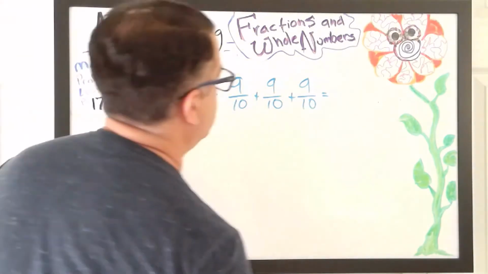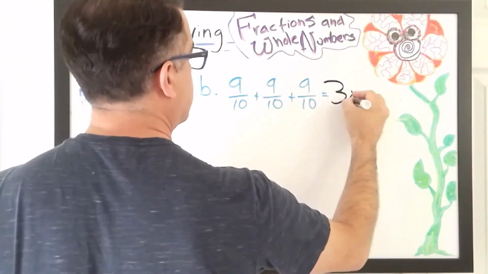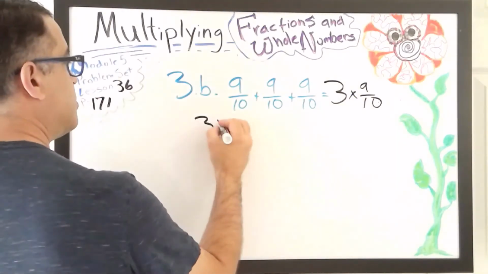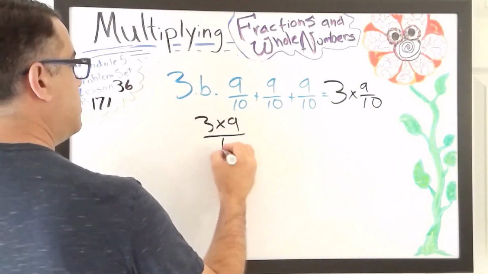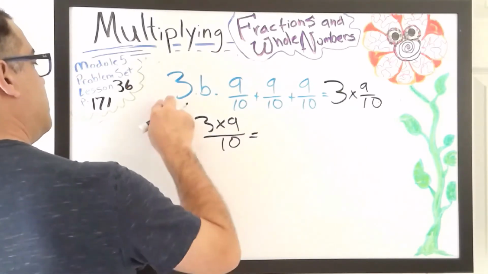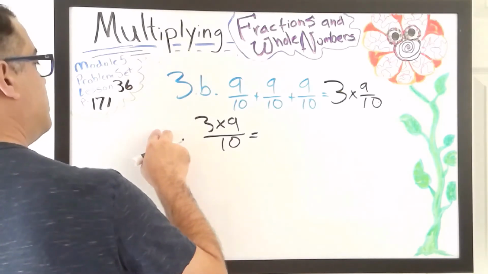So to represent that as a multiplication sentence, that is 3 times 9/10. We can look at that as 3 times 9 over 10. 3 times 9, that's the third multiple of 9. 9, 18. 9 plus 18 is 27.